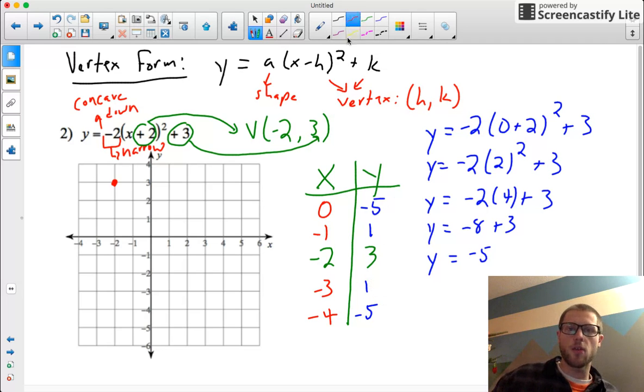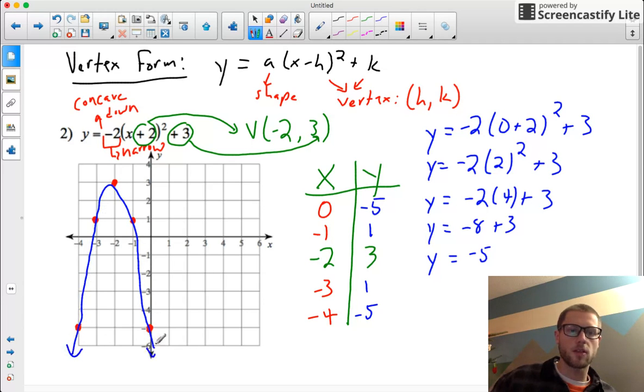So since we've got our table, we're ready to plot. Let's plot this point here, -1, 1. And let's plot 0, -5. Let's plot -3, 1. And let's plot -4, -5. And that looks like this right here. So let's connect the dots, and here is my parabola.